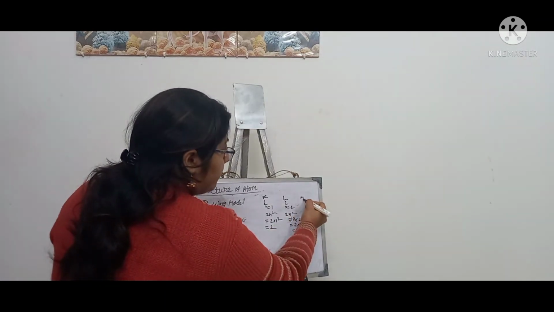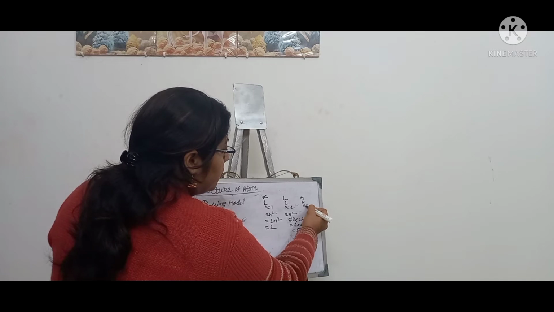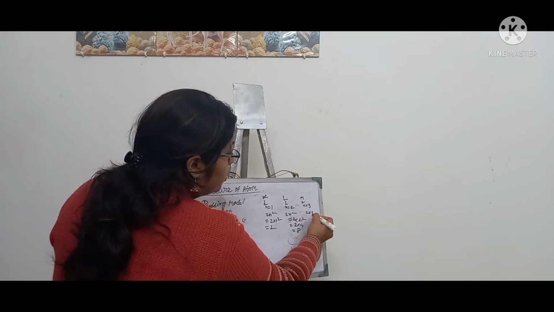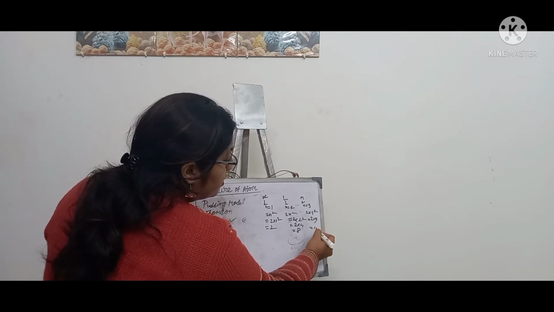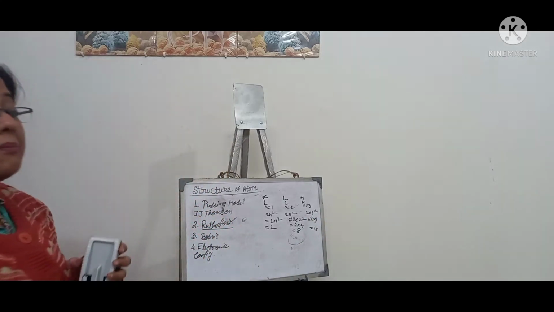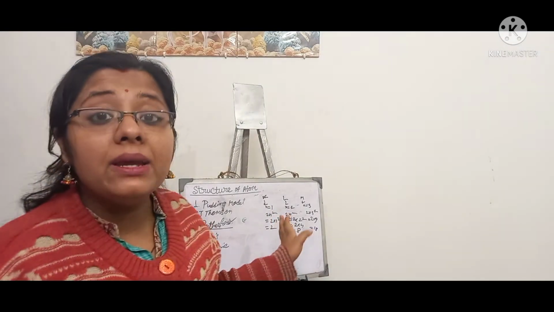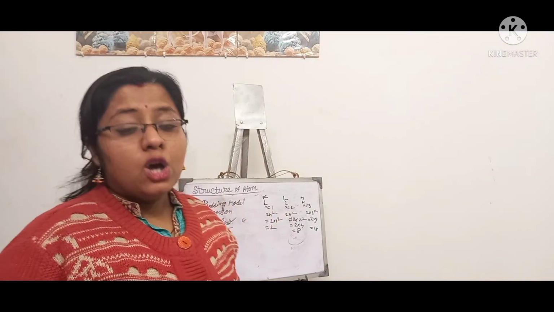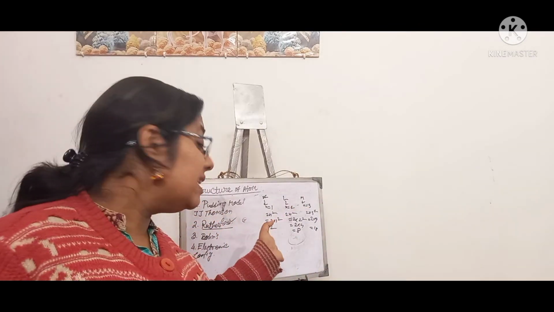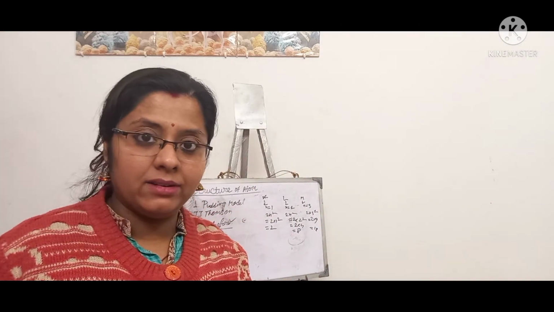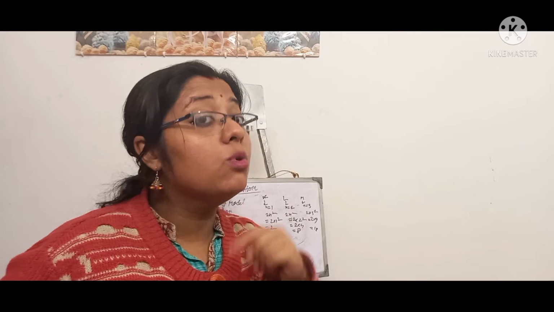The maximum electron holding capacity is 8. Now M, n equal to 3. So 2 into 3 square equal to 2 into 9, 18. So these are the maximum electron holding capacity. The orbit can hold the electrons maximum in this number or less than that, but not more than that.